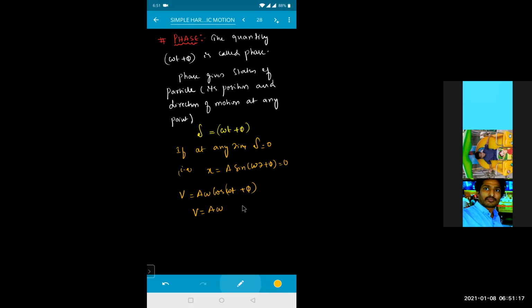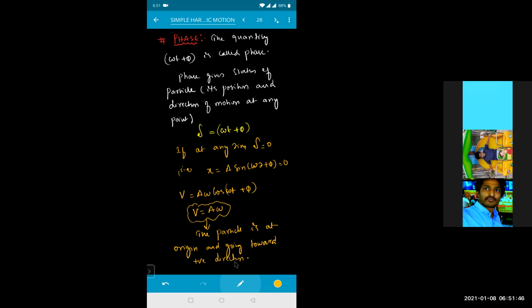That means the particle is at origin, and velocity is not 0. So I can say that when V is equal to A omega, the particle is at origin and going towards the positive direction, because the velocity we got is positive.